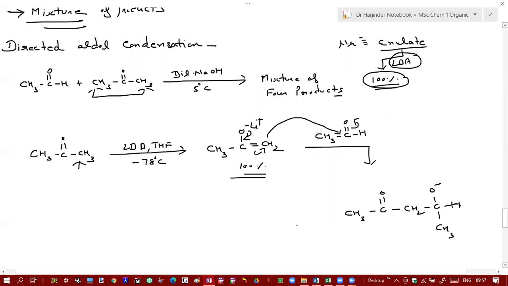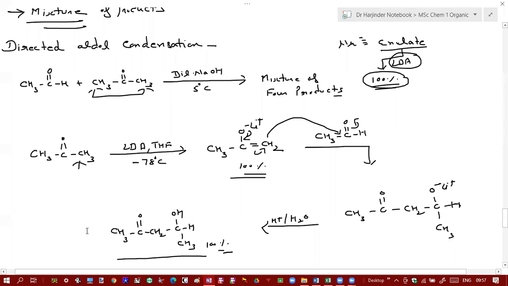Then you carry out acid hydrolysis, treat it with acid. So this O negative will become OH, and you get only this product, which can further undergo dehydration.